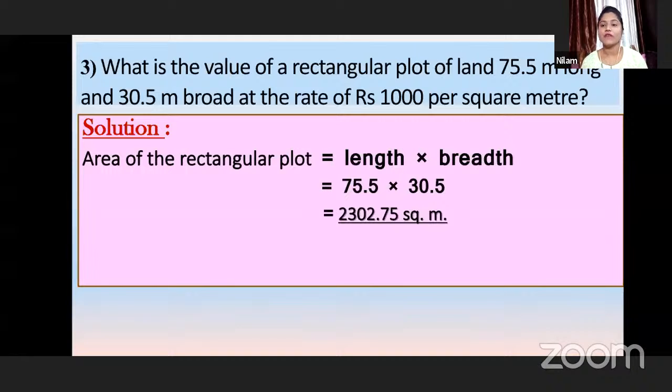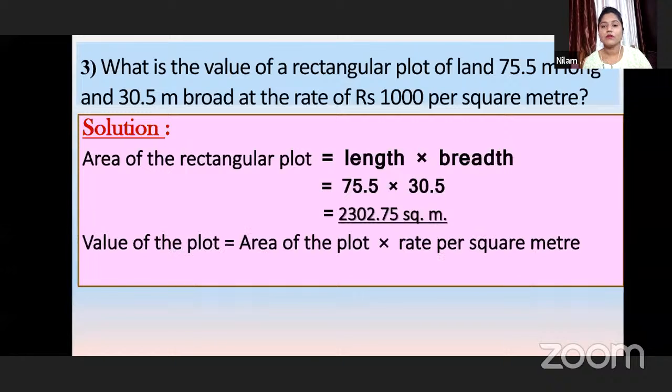In the same manner, we can find out the cost of this rectangular plot whose area is 2302.75 square meter, where rupees 1000 is the cost of 1 square meter. Okay. So the total value of the plot will be area of the plot times rate per square meter. Okay. So by multiplying the total area by the cost per square meter, we will get the value of the total rectangular plot.